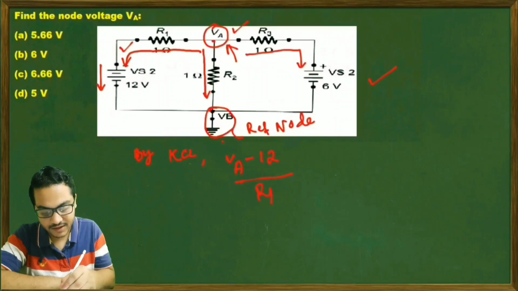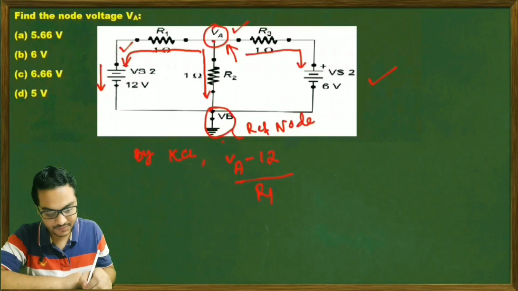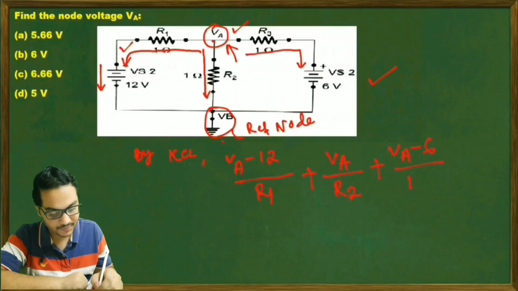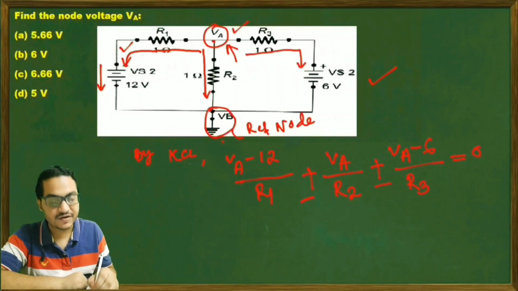This is the current flowing through this branch, plus here the current is VA by R2, plus here the current is VA minus 6 divided by R3, equal to 0. All are positive sign because the currents are leaving.